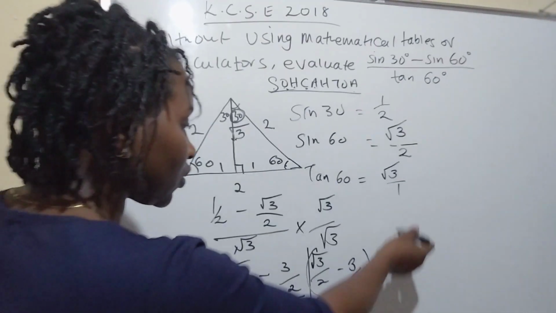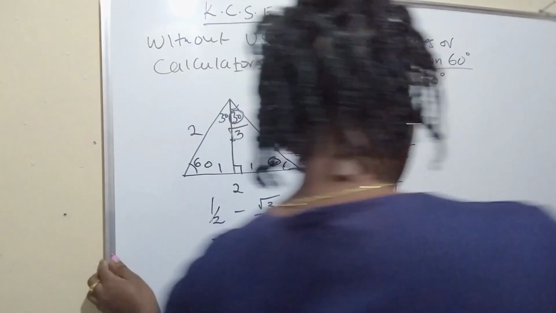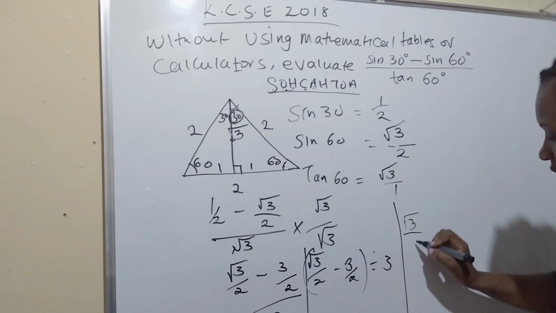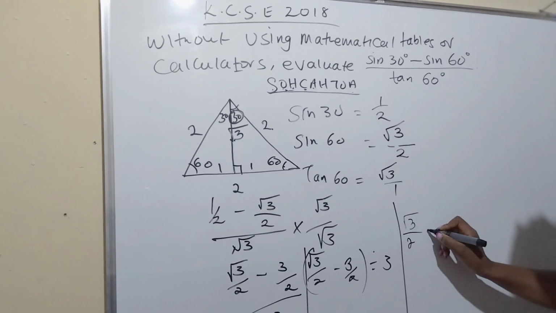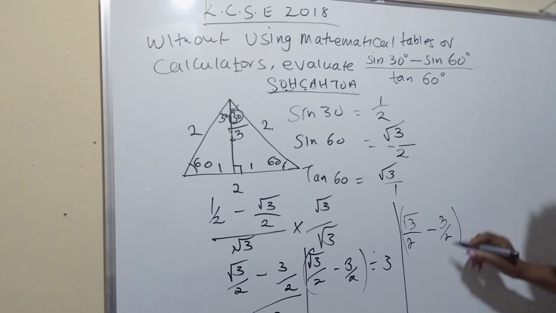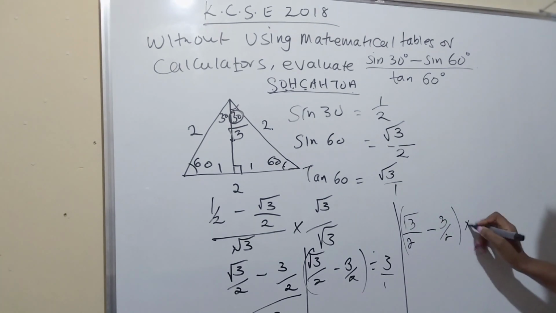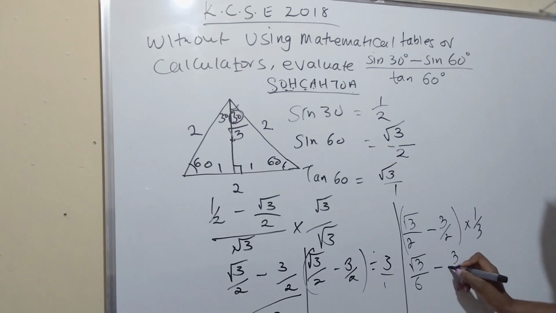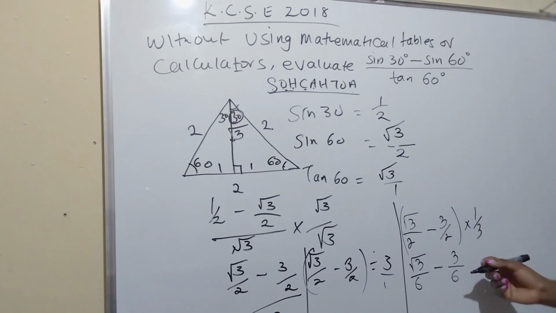So this also means that we have root 3 divided by 2 minus 3 over 2, everything times, this one is over 1, times a third. So now we can multiply this one by this one and we get root 3 over 6 minus 3 over 6. And this is our answer.